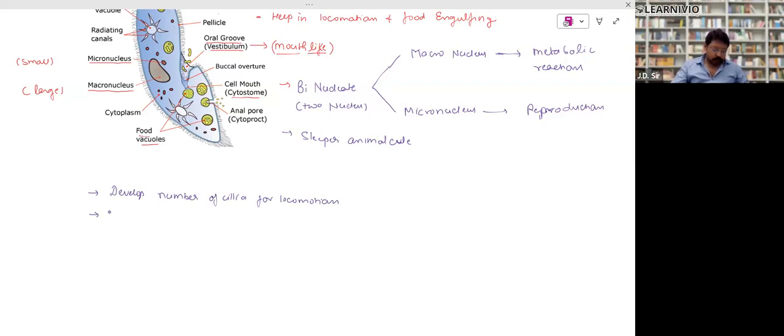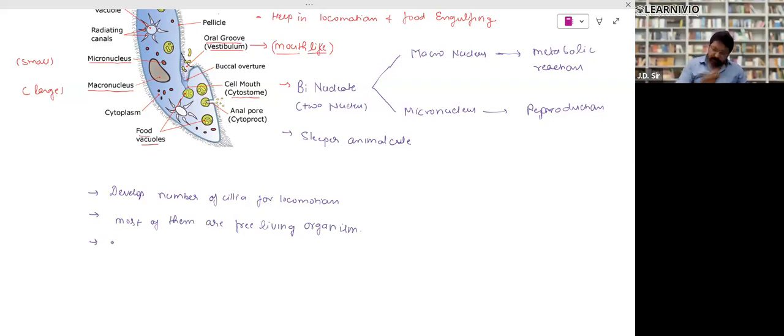Cilia purpose I have told you, and most of them are free living, means they are freely found. Most of them are free living organisms, means they are not parasites, right?